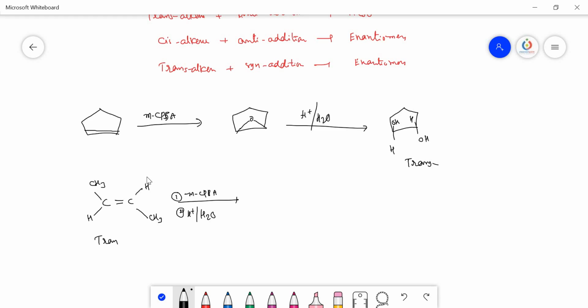So here you will get the enantiomeric products with the first step. In those enantiomeric products, again if you subject them with H plus and H2O, and this is again a trans one, no? So trans with trans, you will get the meso compound. So the ultimate product is a meso compound.